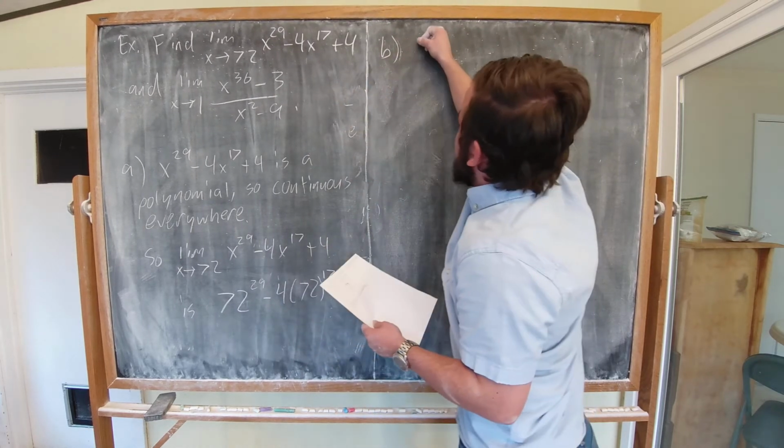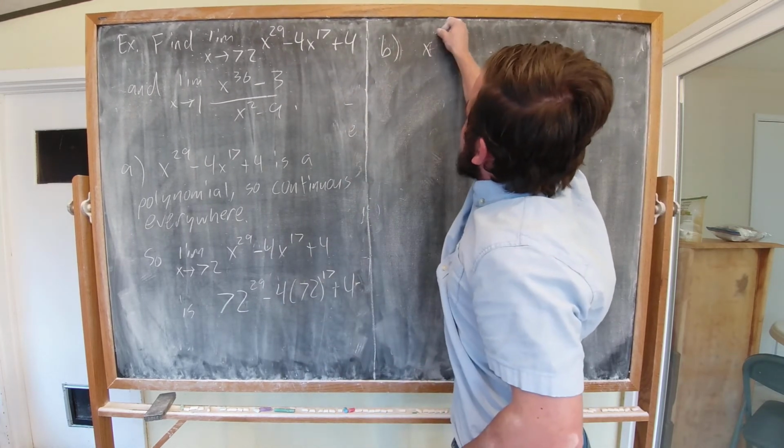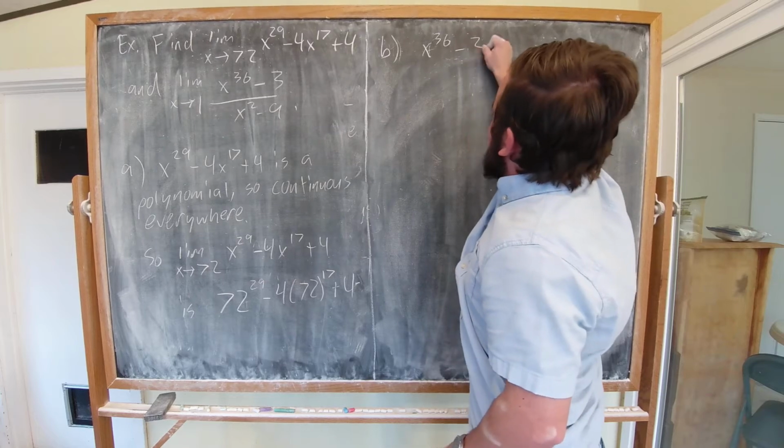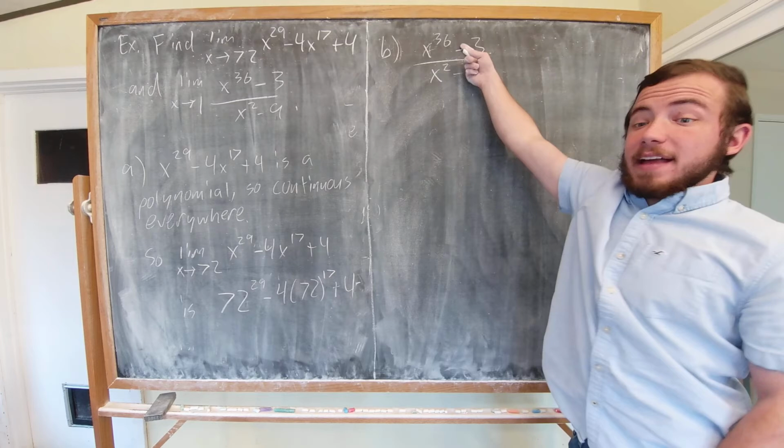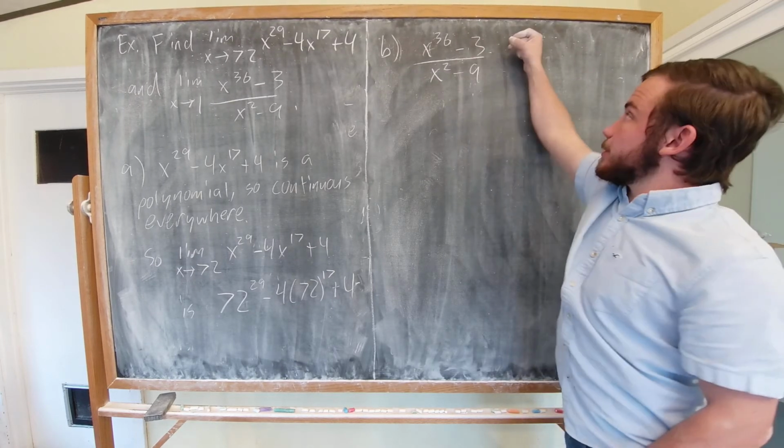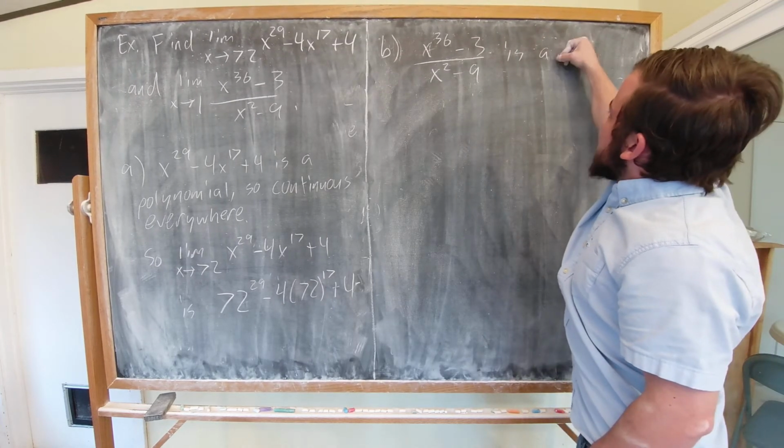Second one, x to the 36th minus 3 over x squared minus 9. Okay, that's a polynomial. That's a polynomial. It's a rational function.